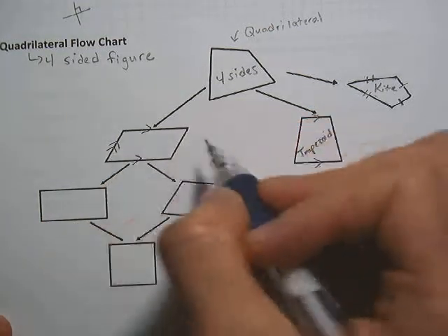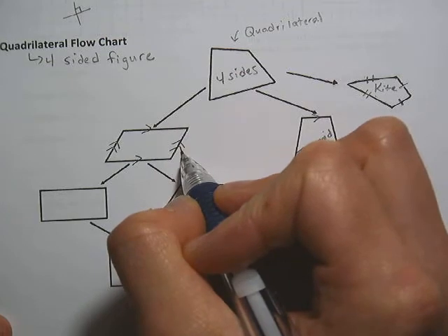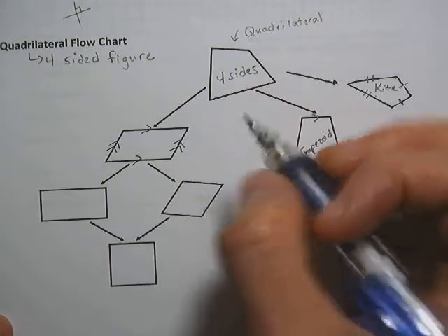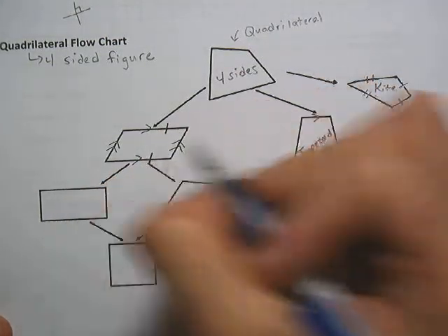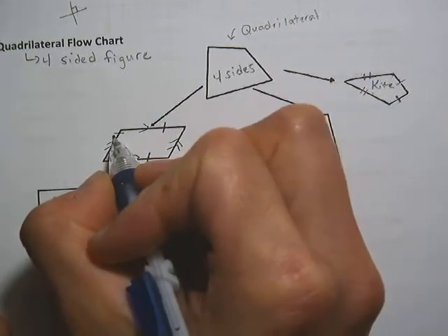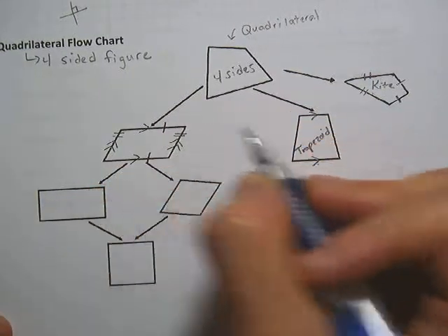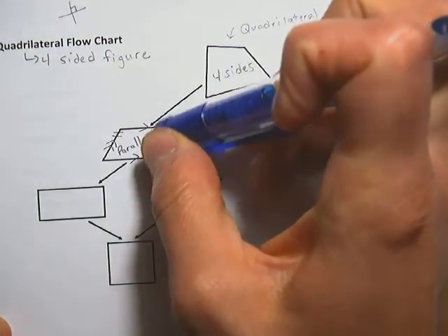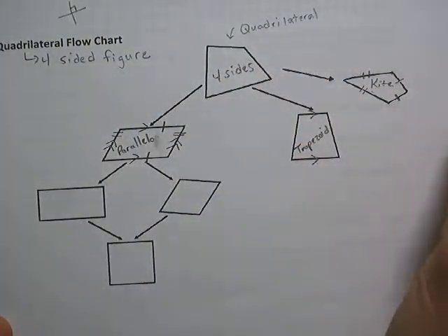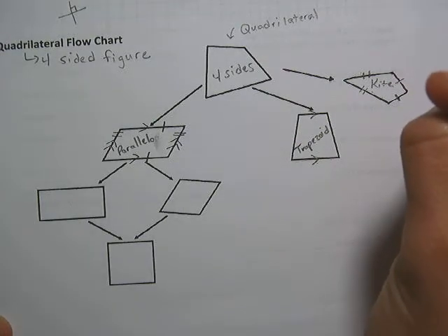So if this side is parallel to that side and the opposite sides are the same length, then that would be called a parallelogram. So if opposite sides are parallel and opposite sides are congruent, you have a parallelogram.